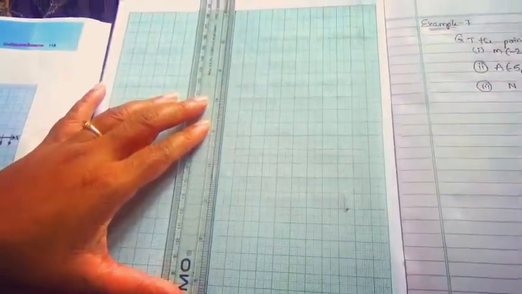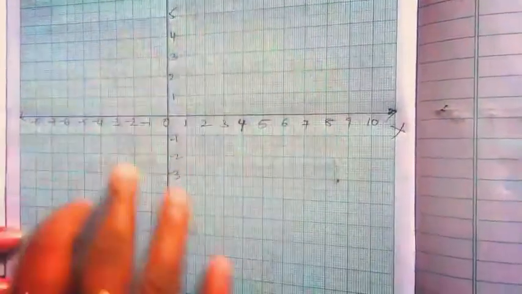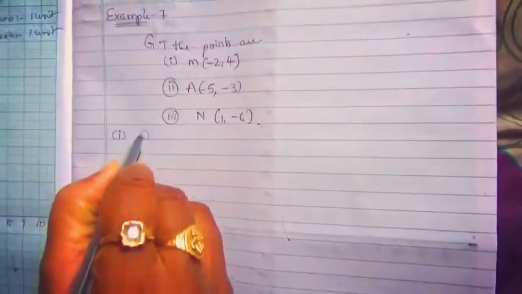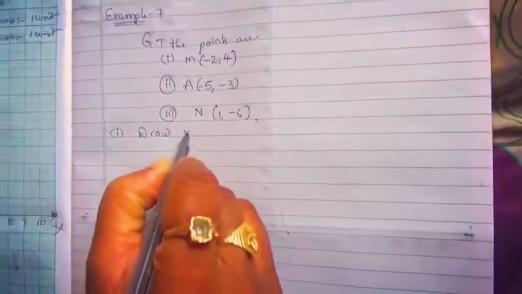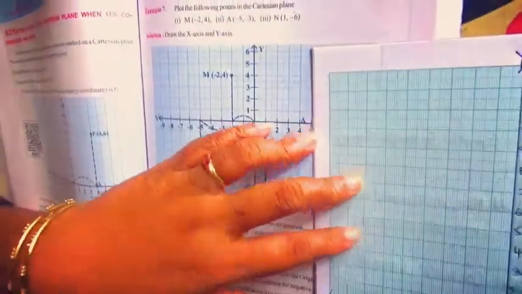Here we have the points. First of all, prepare the graph. On the x-axis and y-axis we draw the structure like this. First, draw the x-axis and y-axis.